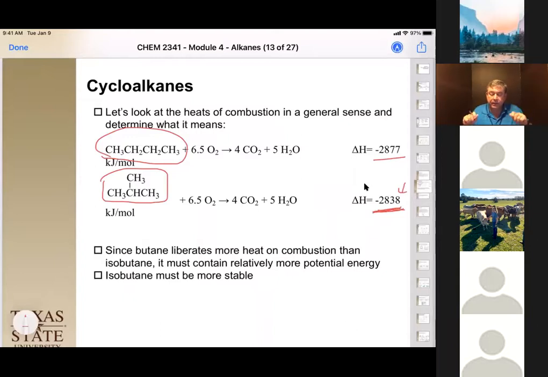Since the linear butane liberates more heat than the isomer here, it must contain more potential energy. So this one has less potential energy and therefore must be more stable. Okay, so what we're looking for is the less heat given off, the more stable the starting material will be. So get that in your head real quick: the less heat given off, the more stable it must have been.